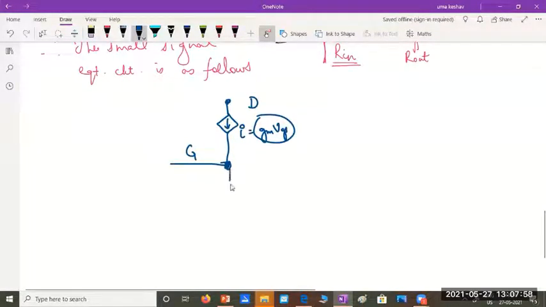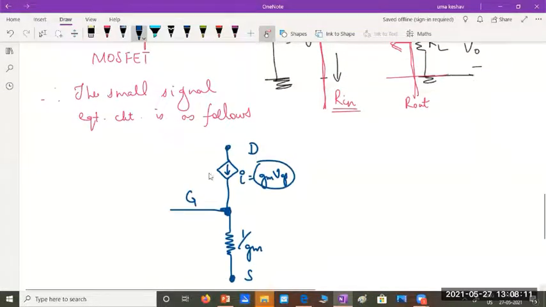And what else will I have in this region? Between gate and source, I will have a resistance 1 by Gm. So this is the source terminal. Now, this is the equivalent of the MOSFET. And remember, there is no current coming here. Ig is 0. This I which comes here flows here also.